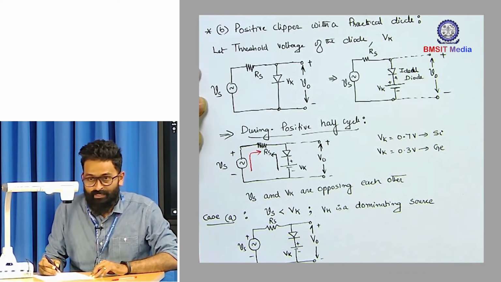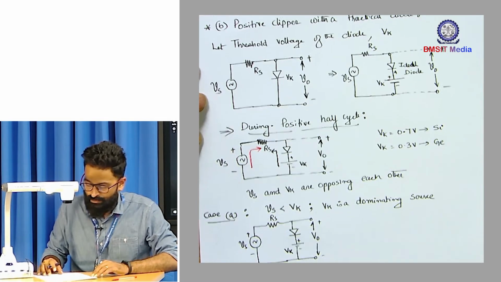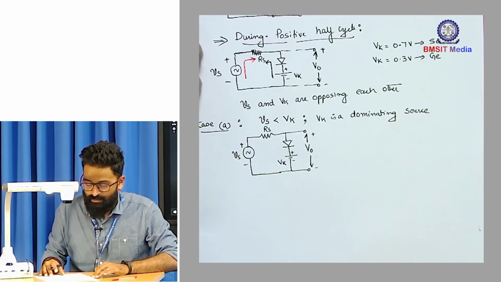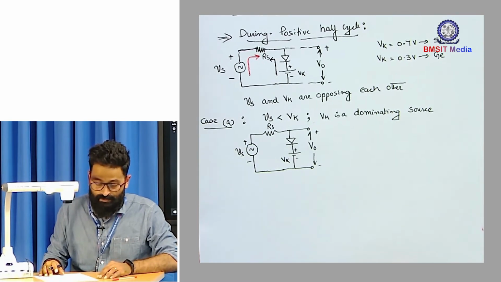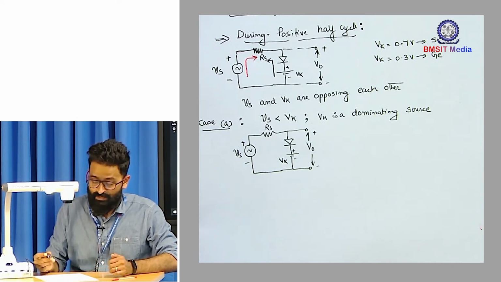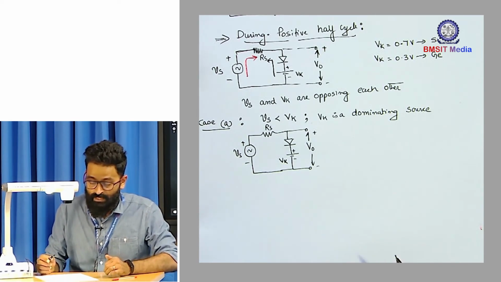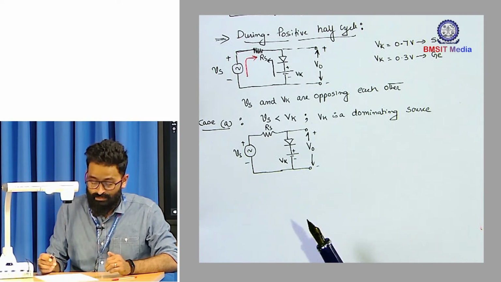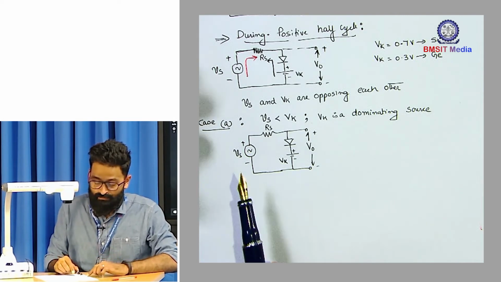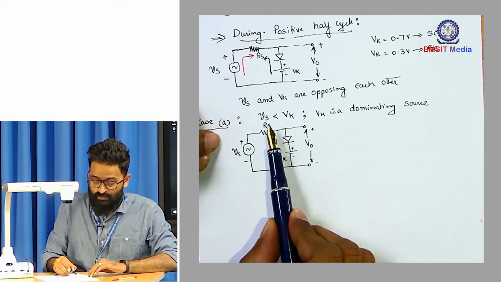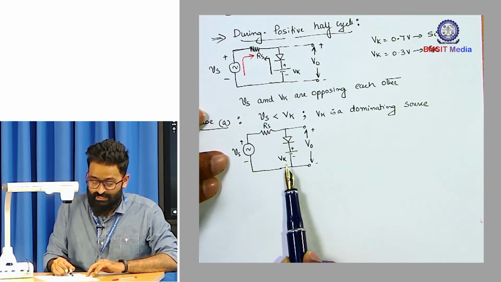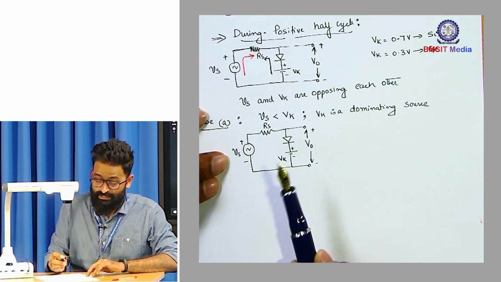What do we mean by a dominating source? In simple terms, it is the source which has won the battle in circulating the current. So out of Vs and Vk, for case 1, Vk gets the chance to circulate the current.